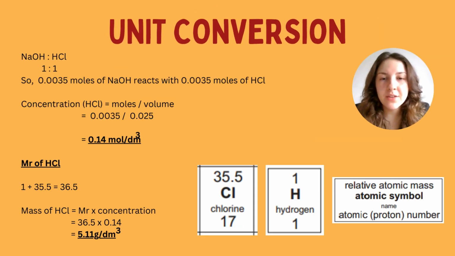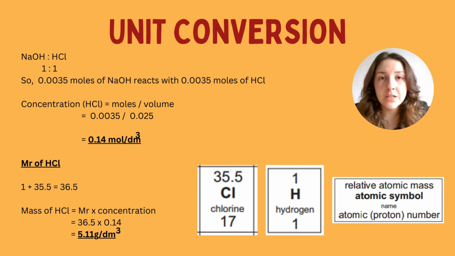The only other way they can ask you in the exam to express your answer is to use grams per decimeters cubed, which is another way of stating the concentration, but in a different unit form. To do this, you need to use the relative formula mass. The bit at the top of the screen is everything we've just calculated with the first question. But now we're going to use the relative formula mass of hydrochloric acid.